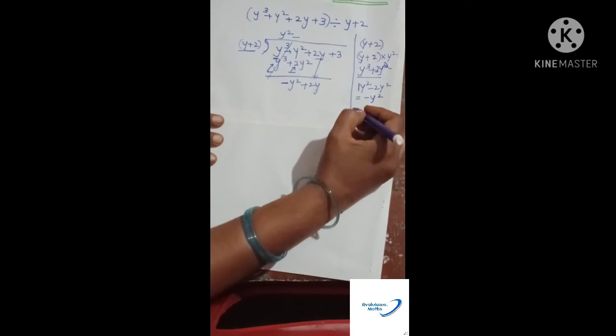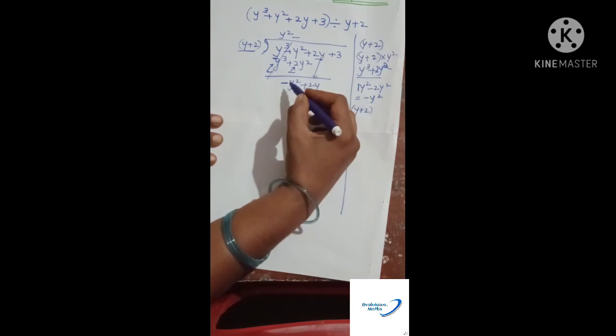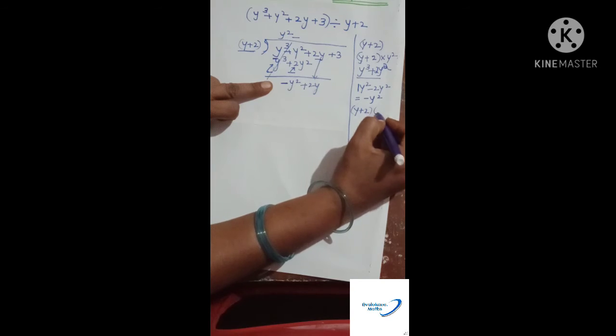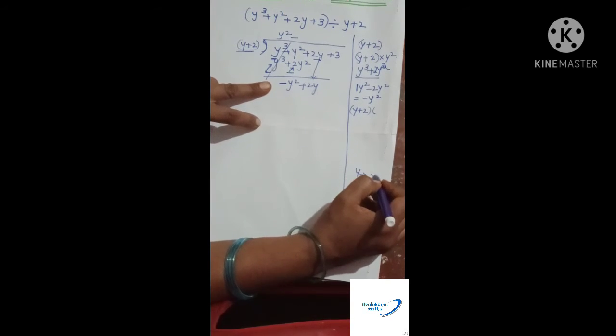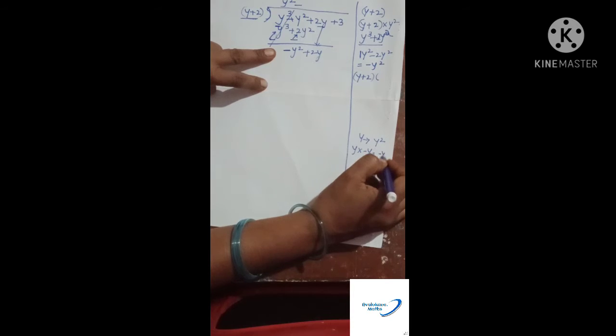So now look at this one. What I have, y plus 2 is our divisor, and now I want minus y square. That means to get from y to y square, I have to multiply y with minus y, then I am going to get minus y square.